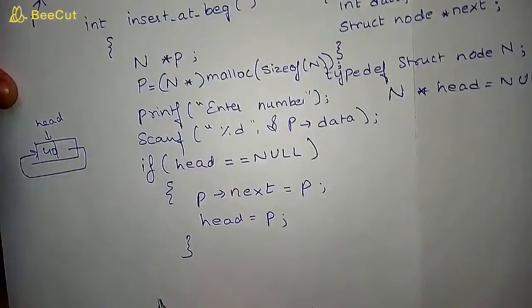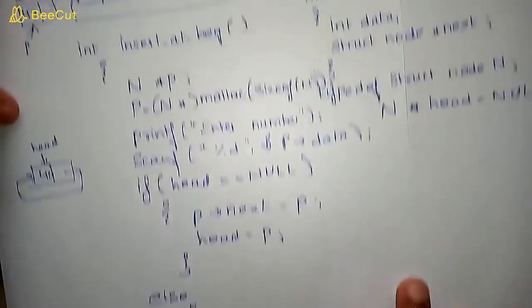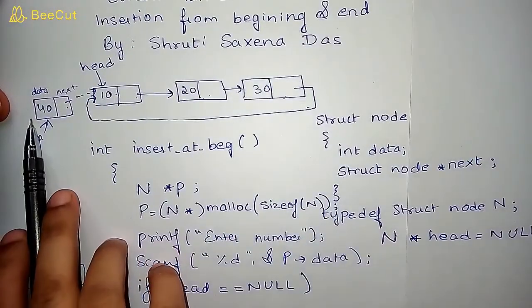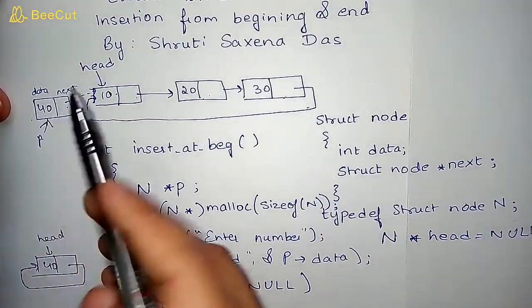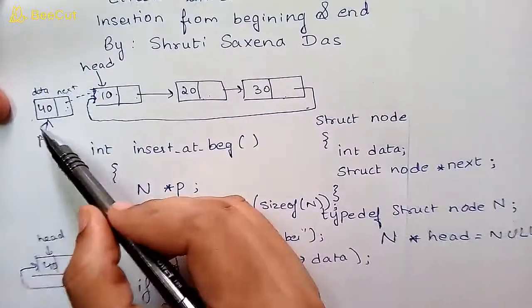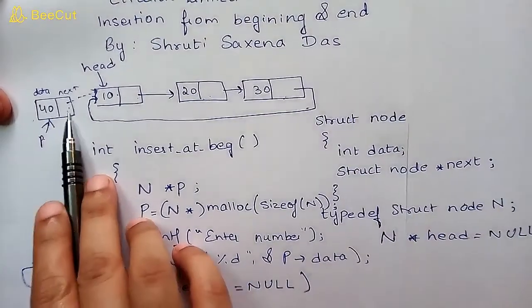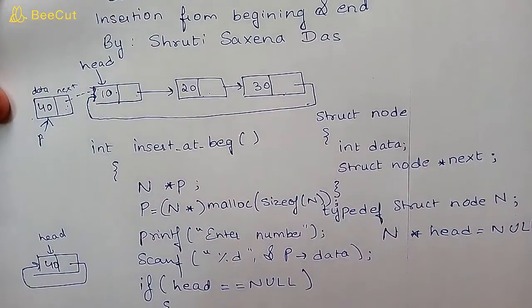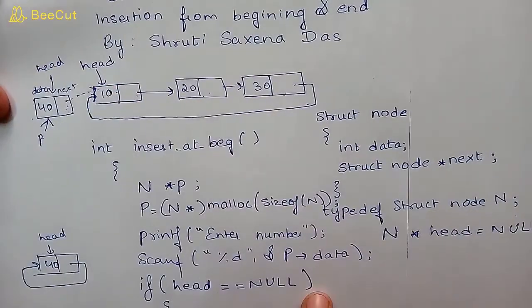But if head is not null, and you have nodes in your linked list, suppose 10, 20, 30 already exist and you are going to insert this 40, what things do I need to modify? The first thing is I need to create this link. In the next field of this p, I should have the address of head. The second thing I need to modify is that head should point to the node which I have created now.